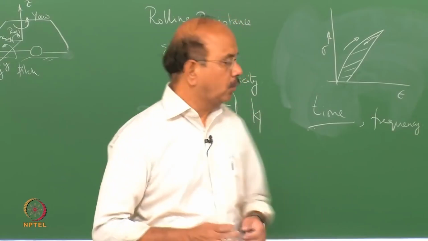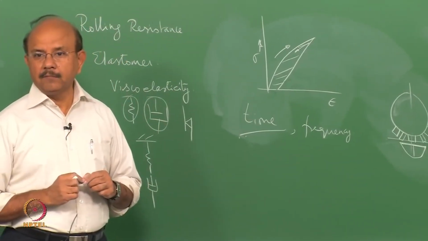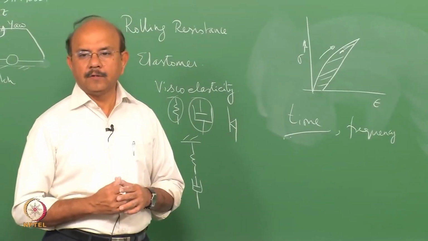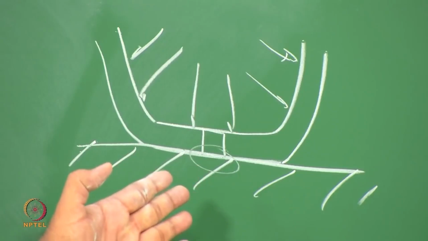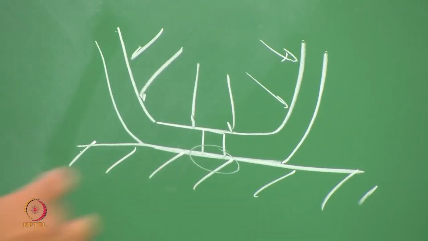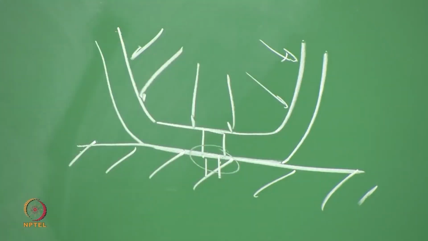If I want it to be under equilibrium, then the contact pressure that is acting should equilibrate the inflation pressure when it is in full contact. So the contact pressure should be equal to the inflation pressure.